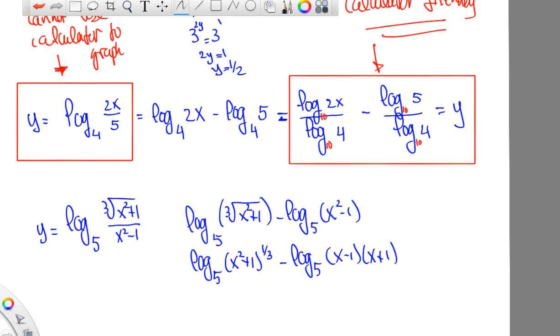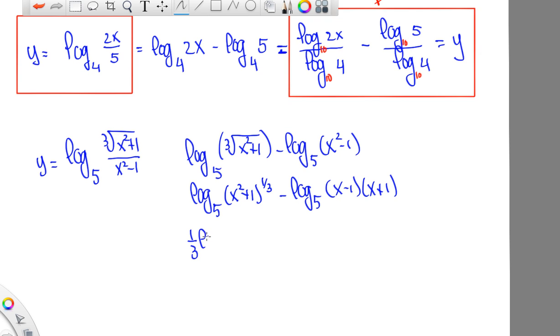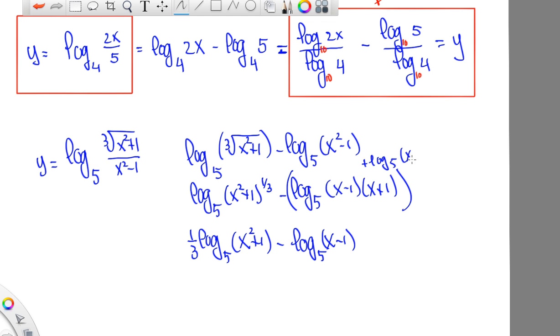So this would be 1/3 times the log 5 of x squared plus 1 minus the log 5 of x minus 1 times x plus 1, so if I look at this whole thing together, this splits into log 5 of x minus 1 plus the log 5 of x plus 1. So I rewrote it on the fly: distribute the negative, so that's minus log 5 of x minus 1 minus the log 5 of x plus 1.